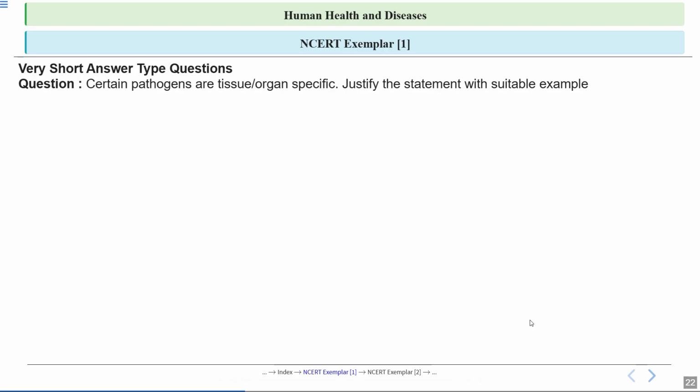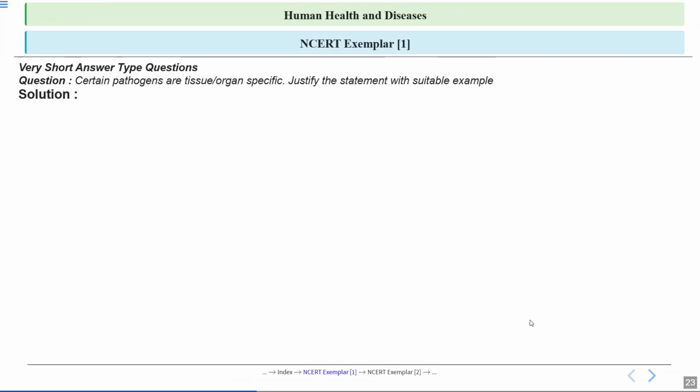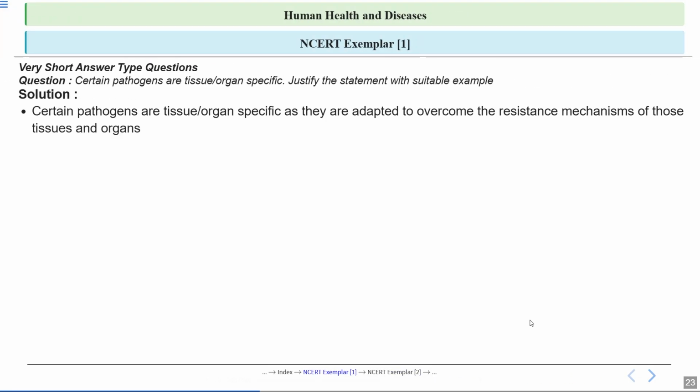Now let's talk about very short answer type questions. The first question: certain pathogens are tissue or organ specific. You have to justify the statement with a suitable example. Let's discuss the answer. Certain pathogens are tissue or organ specific because they are adapted to overcome the resistance mechanisms of those tissues and organs.